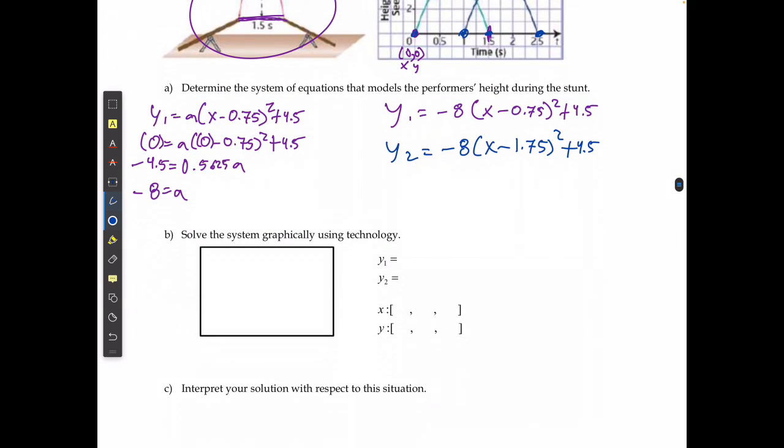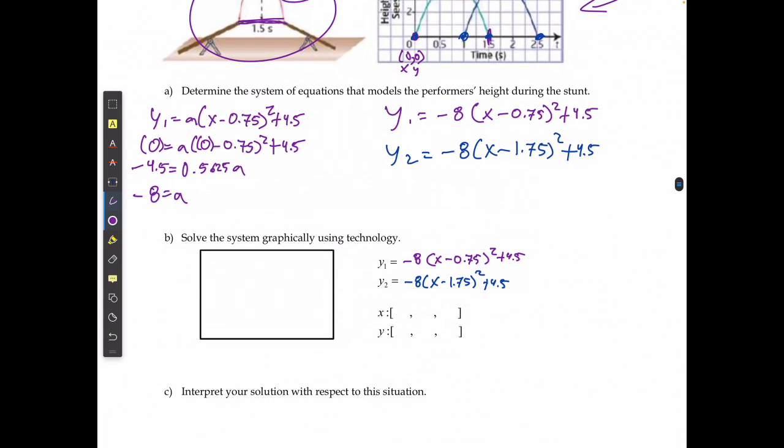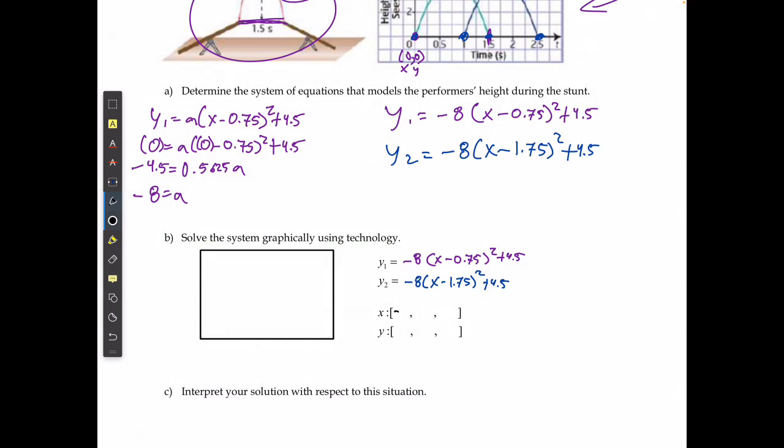I can solve this using technology. I'm going to put in both my equations. I'm going to use that grid that I have up at the top here for reference for reasonable window settings. So I'm going to say that my window settings are going to be -1, 3, and 0.25, and -1, 8, and 1.